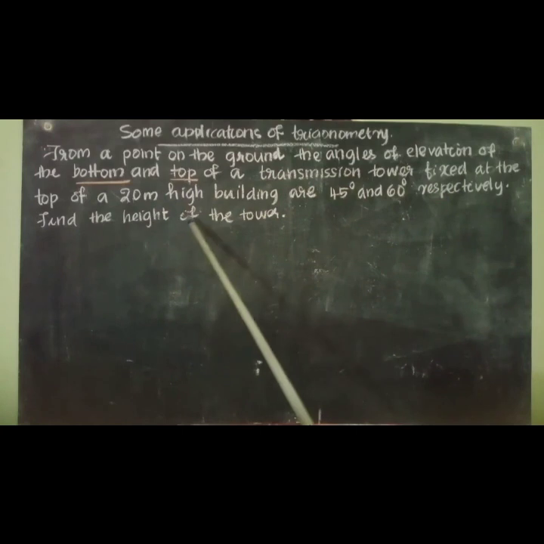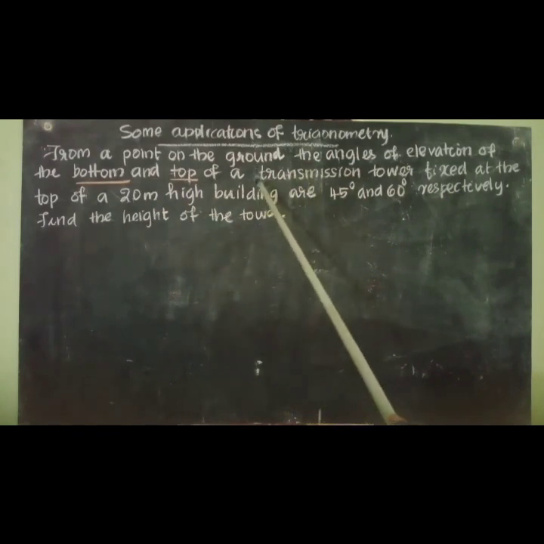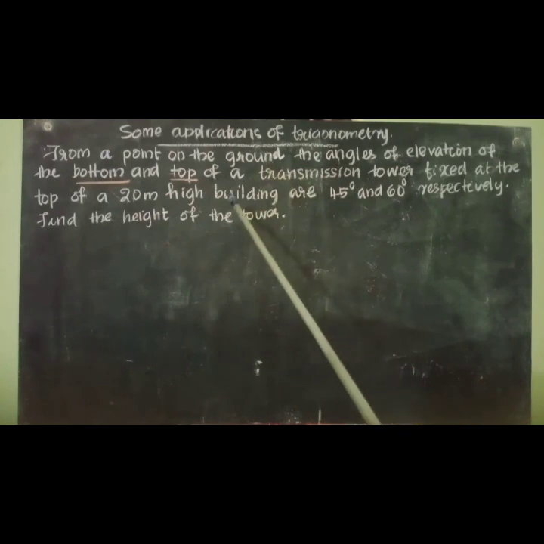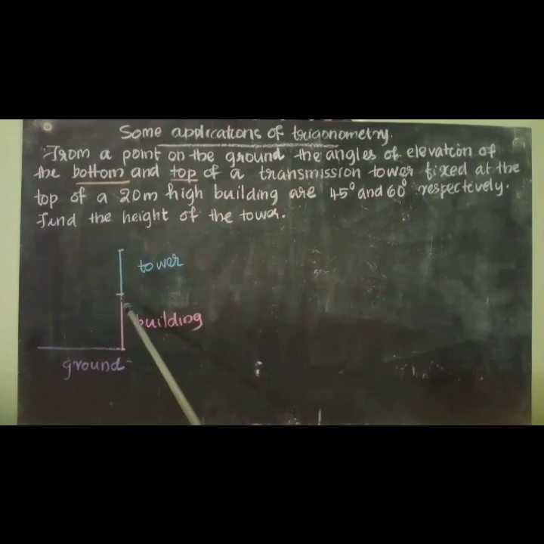Find the height of the tower. So let us draw a figure first based on this information. So there is a building with a height 20 meter and a tower is fixed on that building.